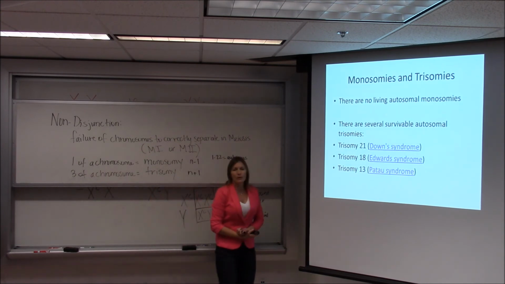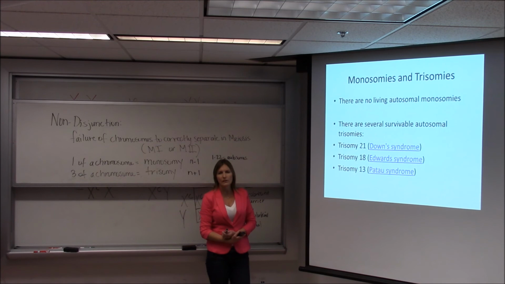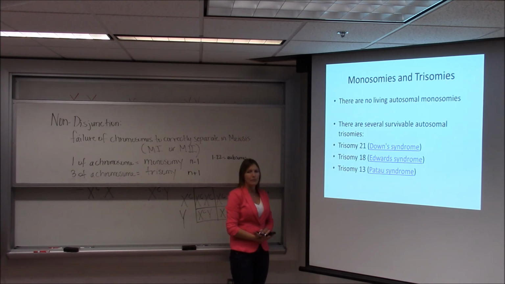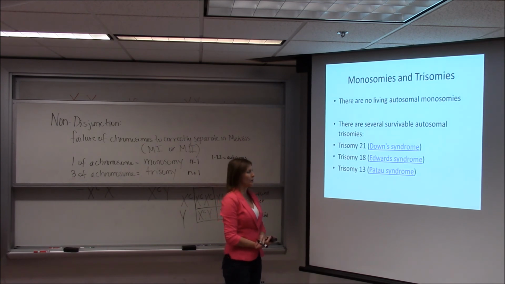These happen to be the chromosomes that code for the smallest number of traits. If you had 3 number 1s, you would never develop. So those trisomies do occur, those babies are just not born. There's usually a spontaneous miscarriage during the first trimester. Sometimes you might not even know you were pregnant with that baby. But those babies never develop. It's too many proteins that are not being developed correctly, that are not coded for correctly when you have 3 copies of that gene.